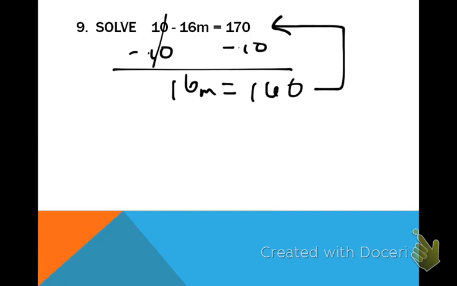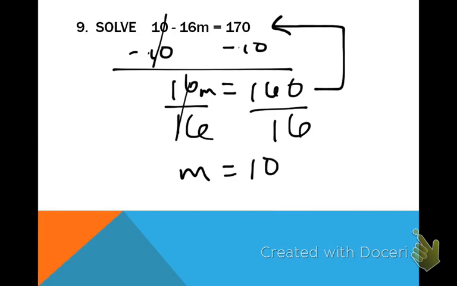That's all we're doing, making it look different, right? Okay. Has the variable been isolated, Kessler? Yeah, it's on one side. It's on one side, but it doesn't have a coefficient of 1 yet. Yeah, so then you divide it by 16. And then your equivalent equation will look like m equals 10. This guy is equivalent to that guy, which is equivalent to that.